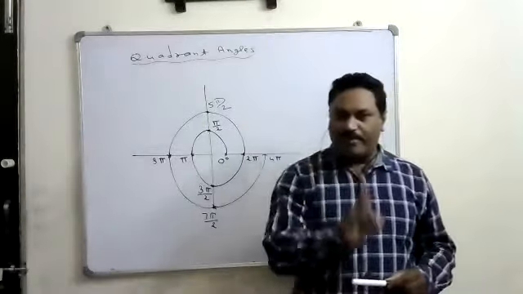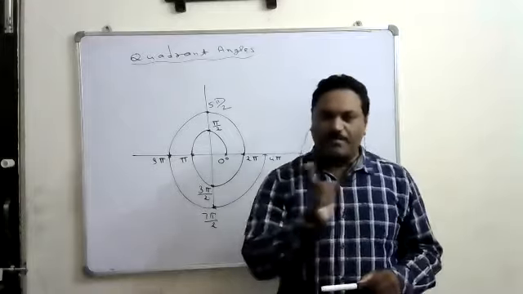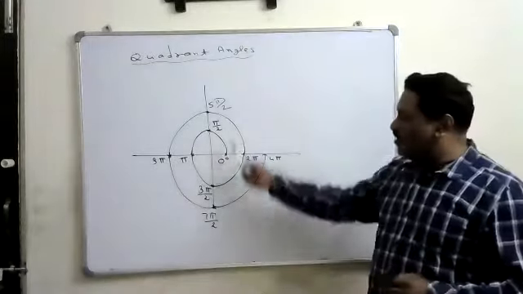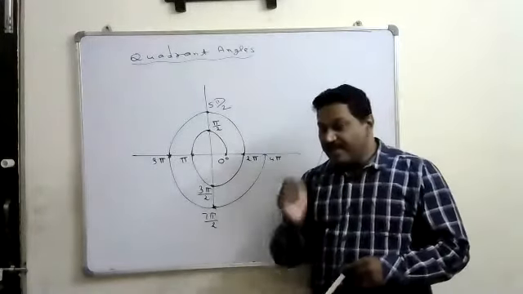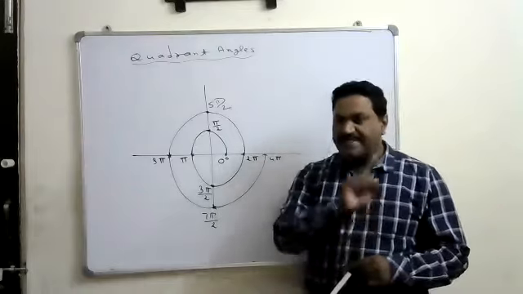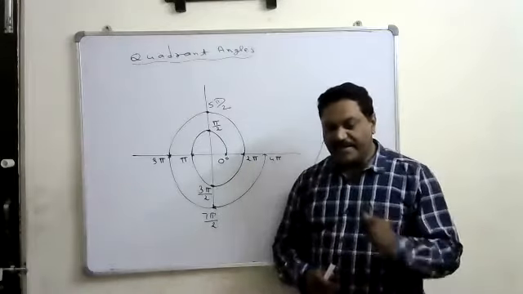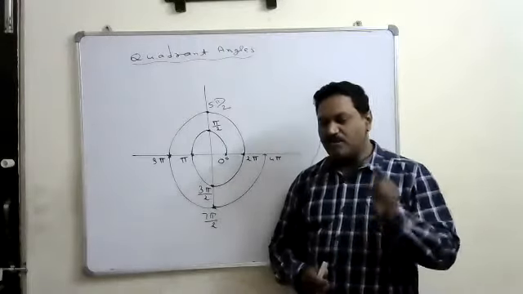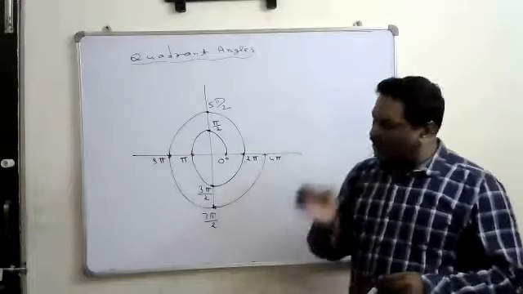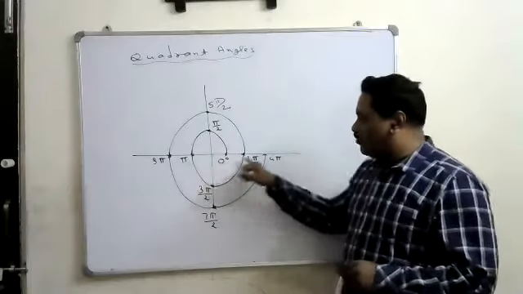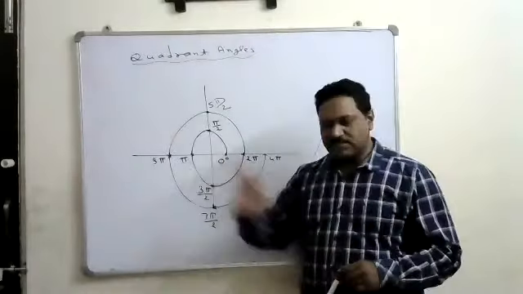Odd multiples of pi by 2 lie on the y-axis. Integral multiples of pi lie on the x-axis. On that x-axis also, there is a positive x-axis and a negative x-axis.